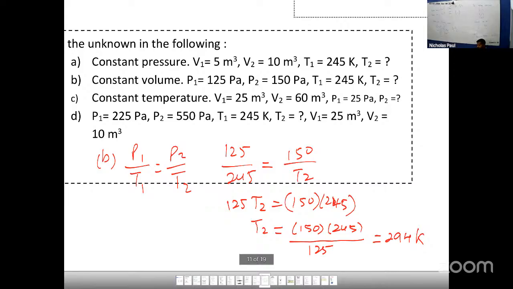What did you all get for C? 10.42. Anybody else get that? Good job, Shana. And the last one, C, was what? 239.6.